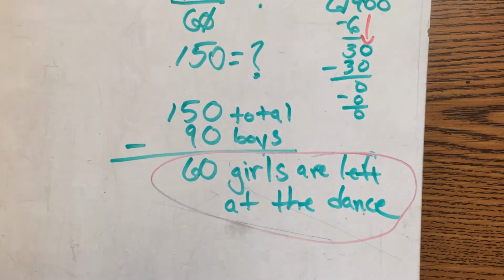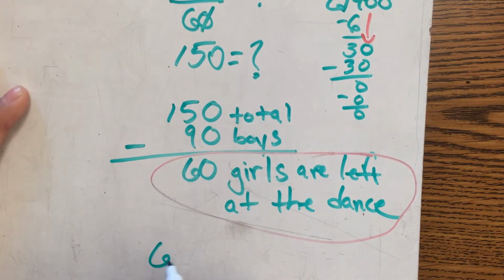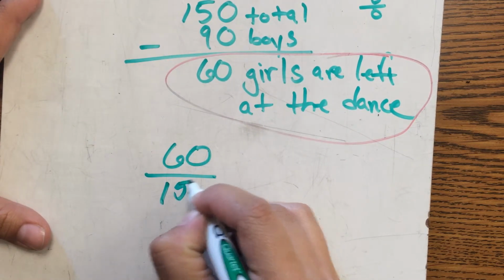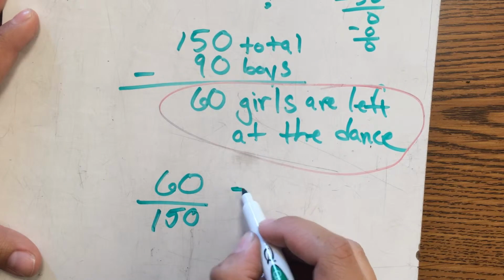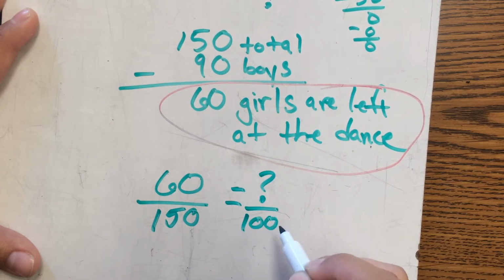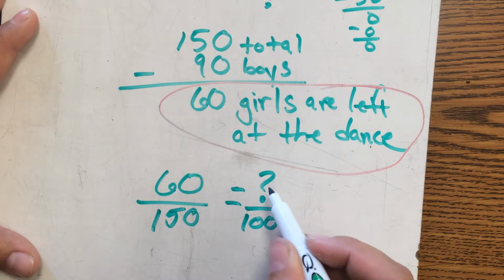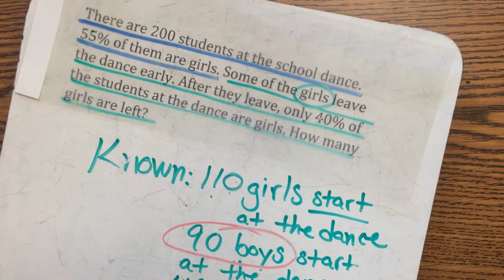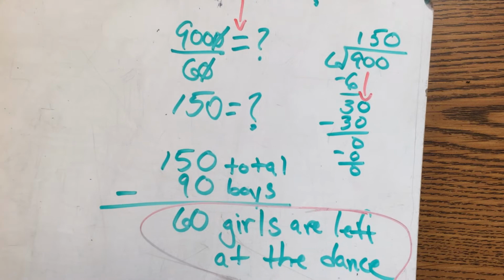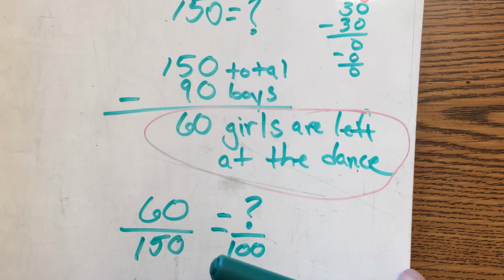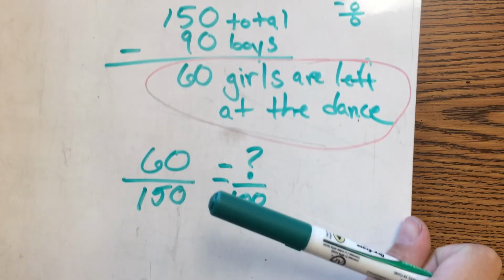I need to make sure that it's true that 60 out of 150 people is actually 40%, like the question says. So let's make sure I can solve for this question mark and still get 40%, because 40% of them are girls. I think there's 60 girls out of 150. I need to make sure what I think is true.